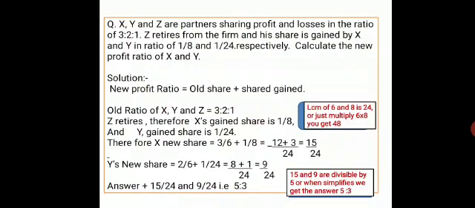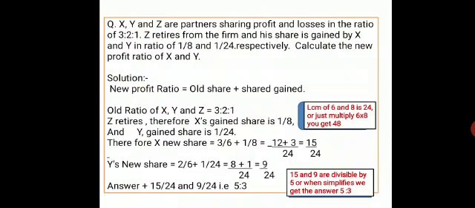So it will be 15 by 24. Now why have I taken the LCM? Because Y is getting 1/24. So when I take the LCM of 6 and 8, it is 24, so my denominators will be equal when I go for Y's share. That's the reason why LCM is used.